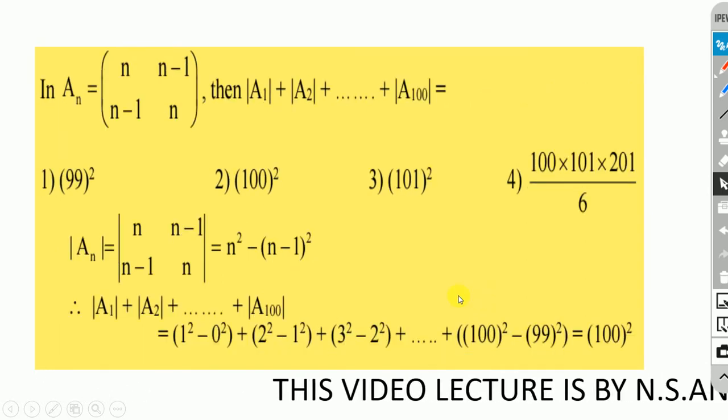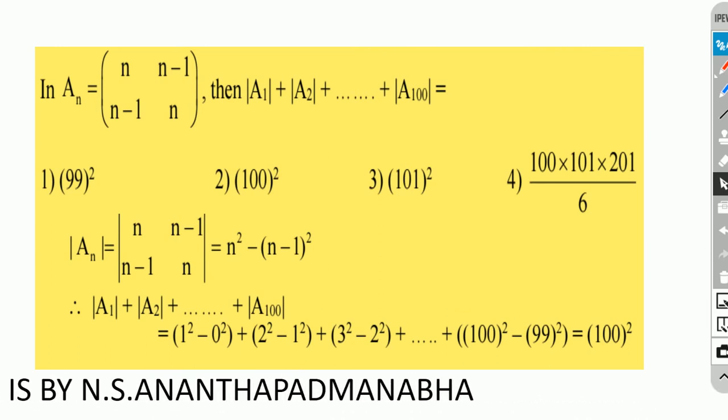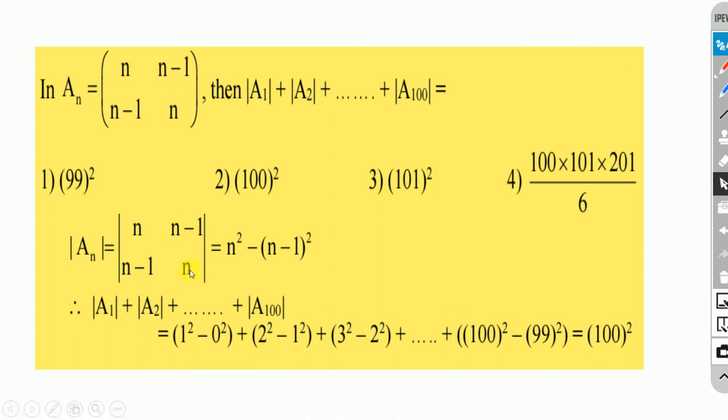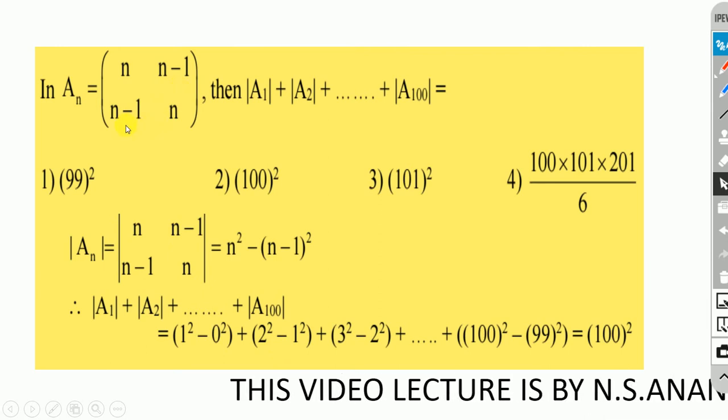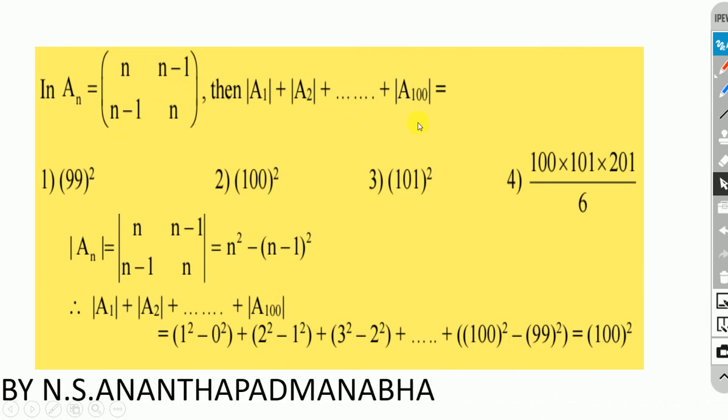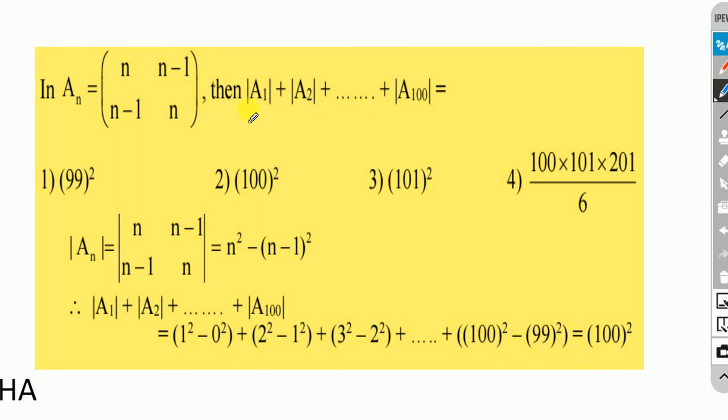So you can look at this question. If A_n is the matrix with entries n, n minus 1, n minus 1, n, then determinant of A1 plus determinant of A2 plus ... plus determinant of A100 is equal to which of: 99 square, 100 square, 101 square, or 100 into 101 into 201 by 6.